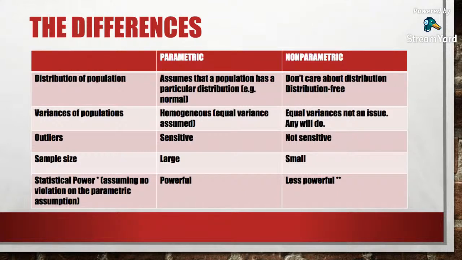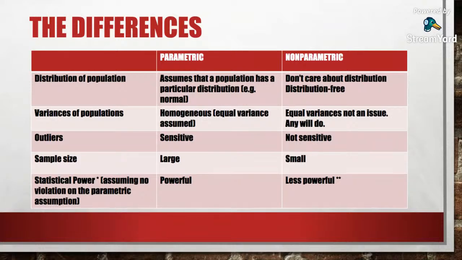A rough example to understand outliers is, let's say we have 10 data points. For example, we have one, two, two, three, three, and then you have four, you have five, five, another five, and then the 10th score is, let's say, around 28.